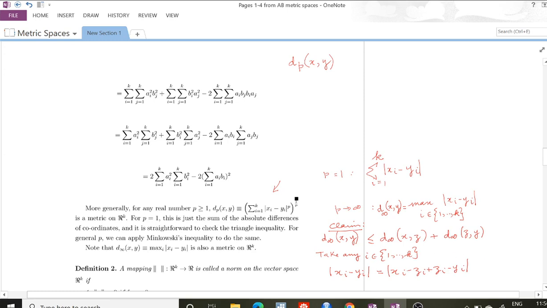And you can see from the triangle inequality for absolute values, which I'm sure that you've encountered earlier, that this is less than or equal to xi minus zi absolute plus zi minus yi absolute, right?